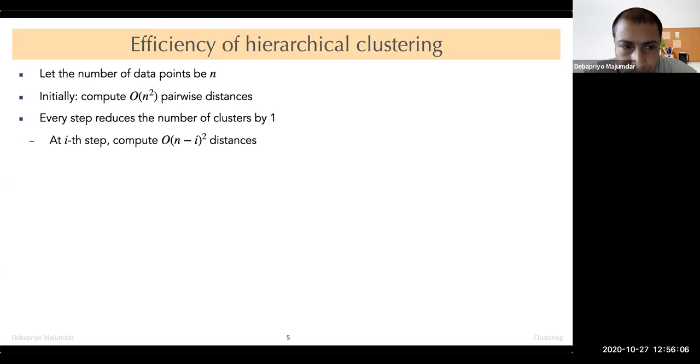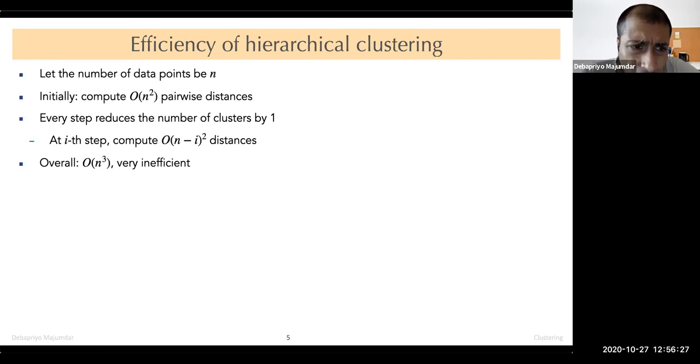If you sum this up, assuming that you run through the whole hierarchical process, you do this n times, right? So n times, you do order n square pairwise distance calculation.